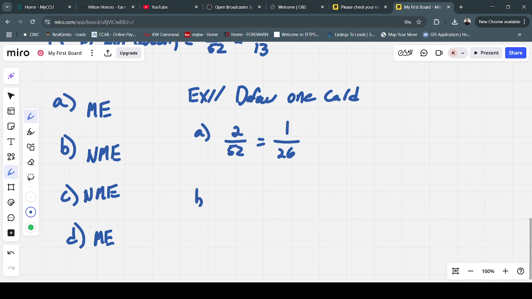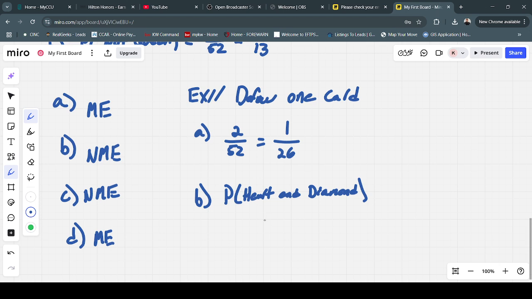And then part B wants to know what's the probability of it being a heart and a diamond. We talked about a similar situation like this before.